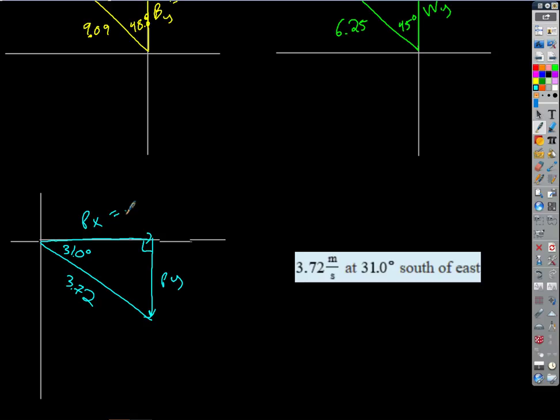Ahmad, what's that one going to be? 3.72 to make it smaller, multiply by cosine, because it's adjacent, right? Good. Right? Okay, right. Does that make sense?